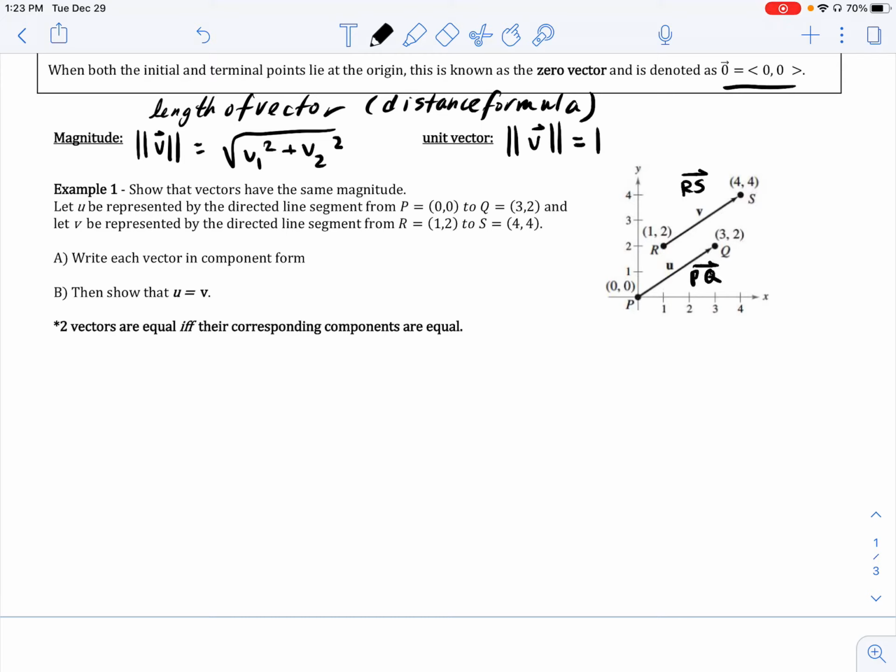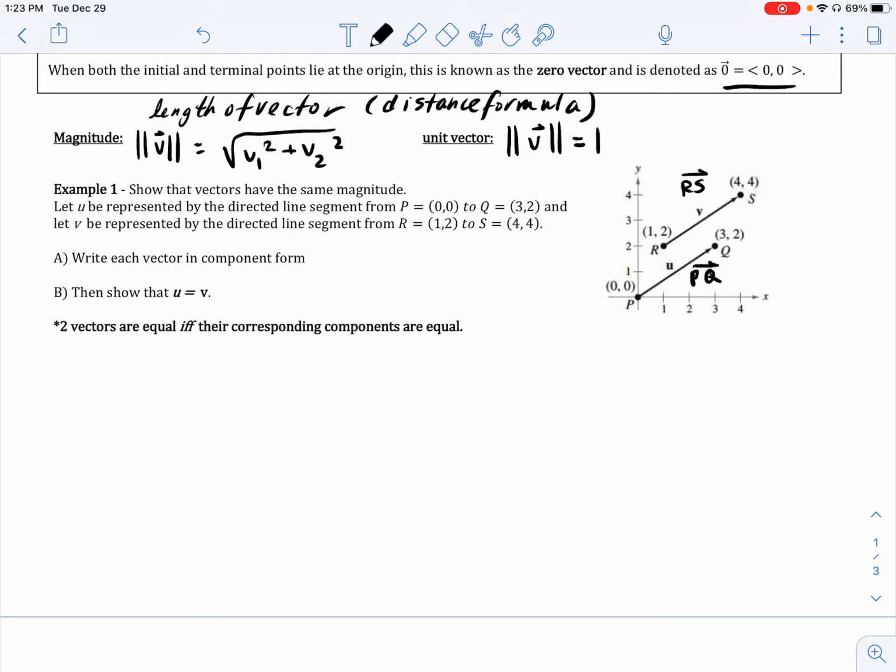Now, take a look at these two vectors and ask yourself, just as a review, which of these two vectors are in standard position? If you said vector PQ or vector u, you would be right. And since vector u is in standard position, we can write vector u in component form.